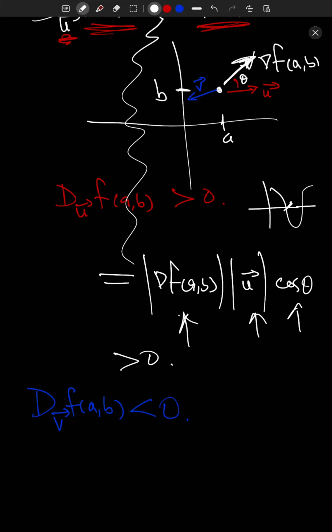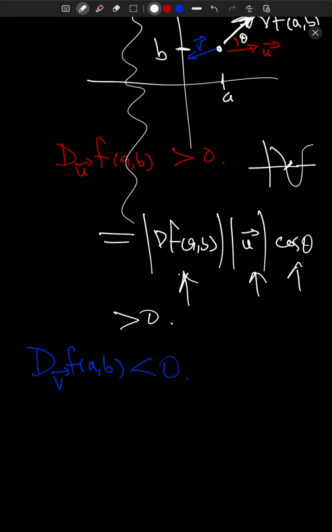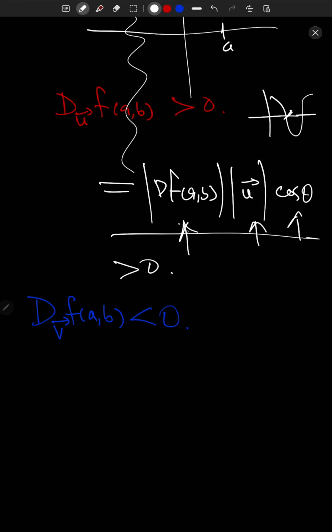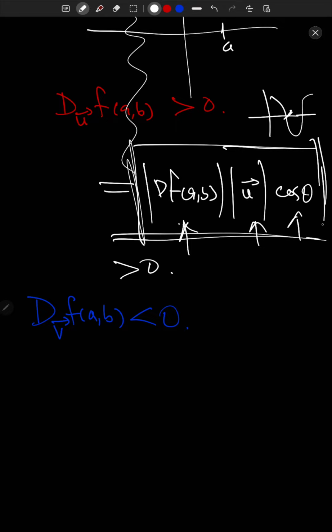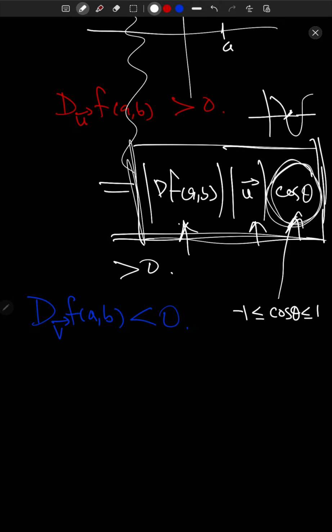Okay, a couple more things. So this formula, the length of gradient f times the length of u times cosine theta, tells me a lot because cosine theta, I know, is always between minus 1 and 1. Right?